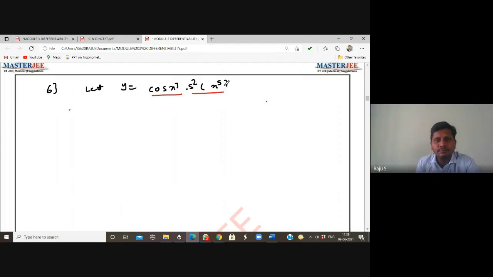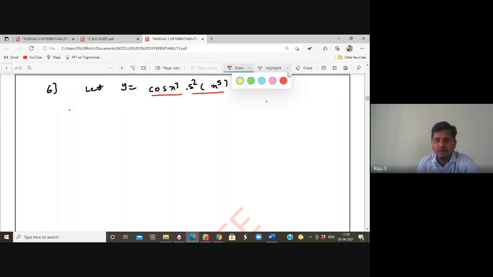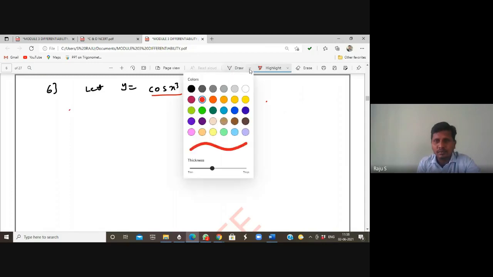See here, generally it is not like cos x into sin x. It is cos of x cube, sin square of x power 5. Now we want to find the derivative. Actually, we can use the UV formula, the product rule. We can find the derivative.